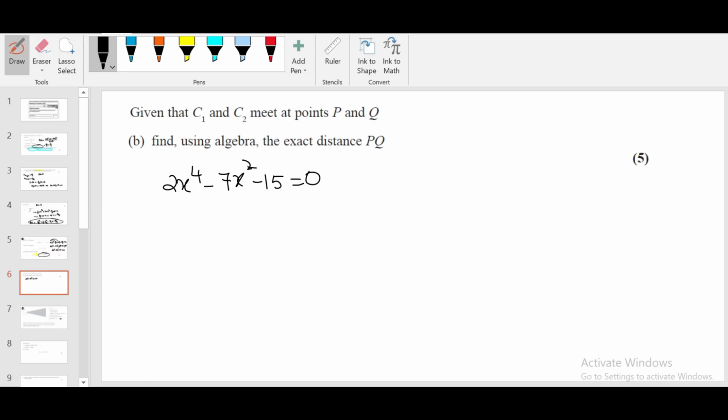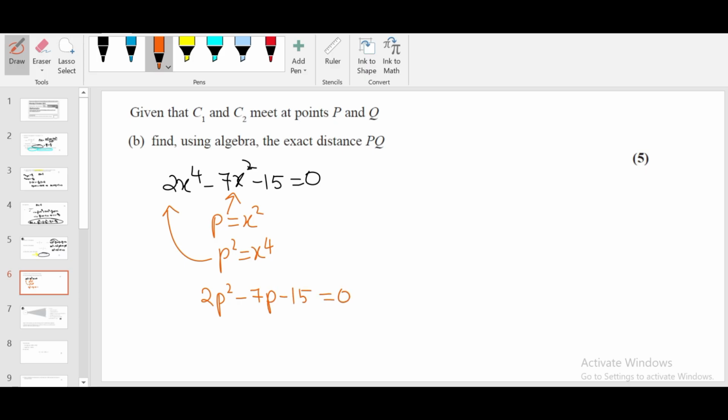If you look at P1 chapter 2 quadratics, there is a topic called functions, and if you go to the particular exercise there, you will see similar questions. You need to change it to a quadratic. You can take p as x^2, so p^2 will be x^4. Sub in here, you will get 2p^2 - 7p - 15 = 0.